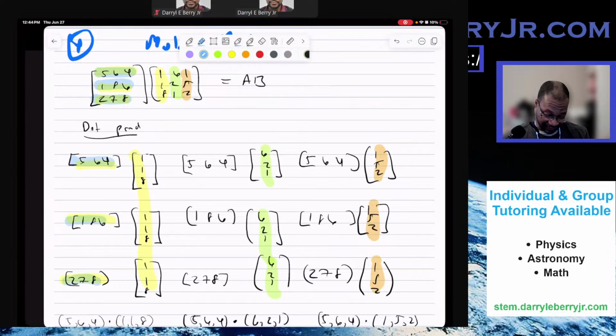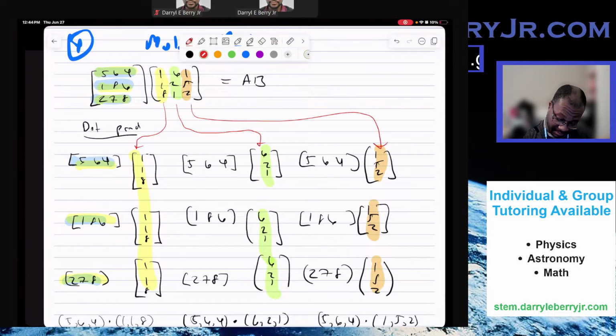And now that's your new left column. So I guess you can say these columns in the second matrix each dot product to make a column in the new matrix. So this makes the first column, this makes the second column, this makes the third column. So you have to dot product that column by the whole matrix to make each row of the new column.